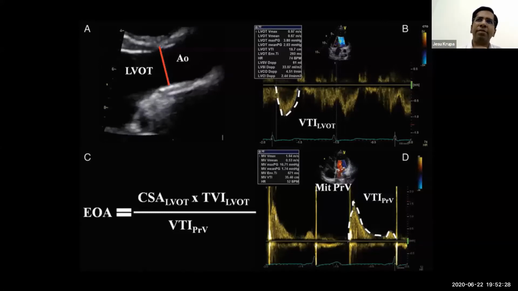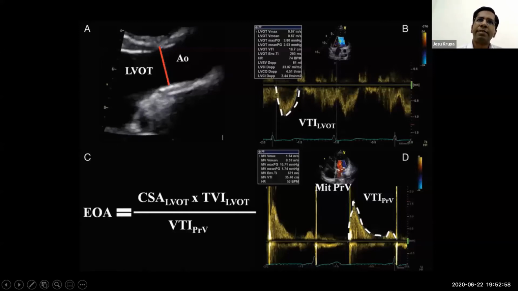How we measure the LVOT annulus is a reflection of how good and how serious we are about doing an echo. In fact, there are probably two things that can define quality. One is how well we trace Simpsons, and two, how accurately we are able to measure LVOT annulus or aortic annulus. So the first measurement is LVOT diameter.